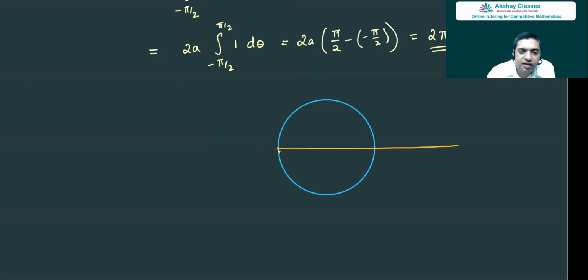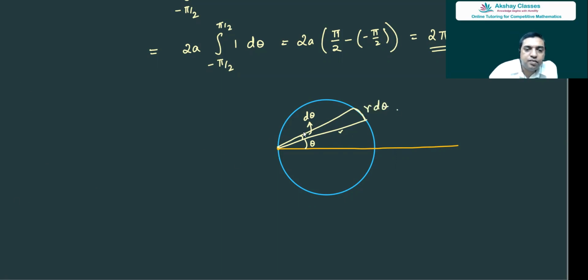For finding the area, we take a strip. We'll take a big strip. Actually, it should be very small, but to illustrate it, I am taking this. This is r d theta. Okay.